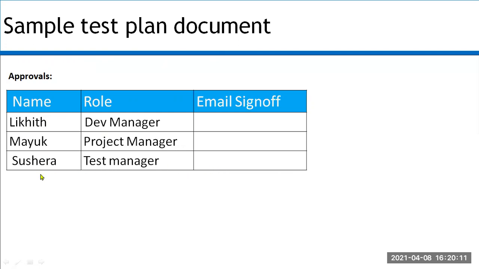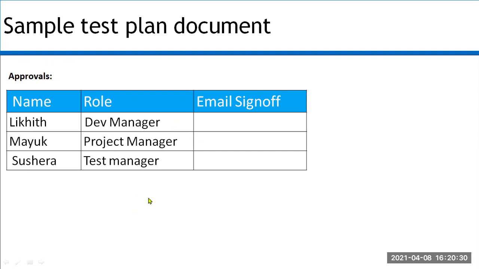Once we prepare the test plan document, after that we have to take the approval from all the managers. Test manager approval required, project manager approval required, dev manager approval required.